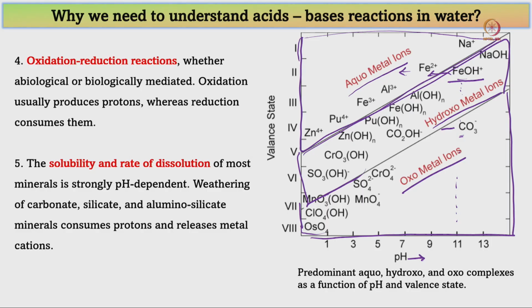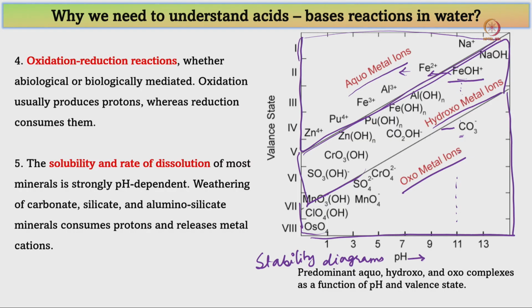So, these are called stability diagrams. You can search and see the different stability diagrams, and we are going to discuss this further in the lecture where we discuss the redox reactions.